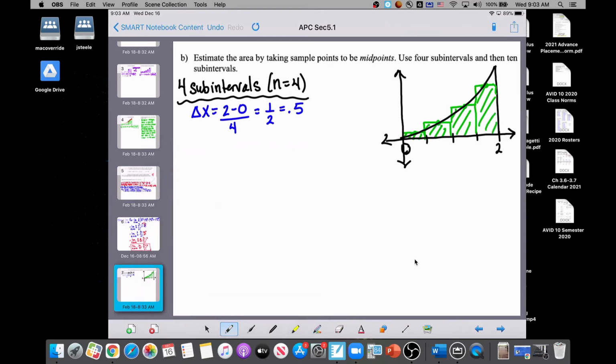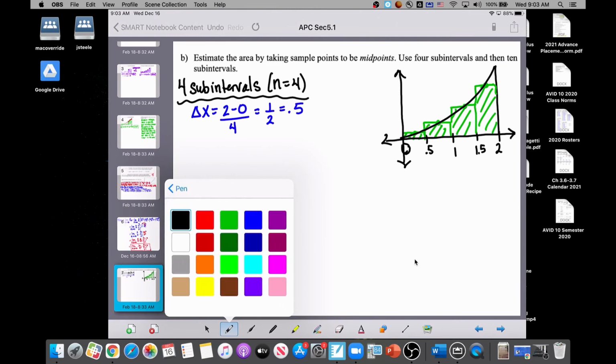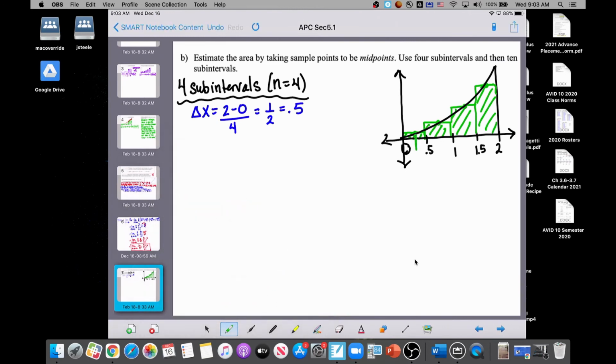If I label those tick marks that I put on the x-axis, this would be 0.5, this is 1, and this is 1.5. And our midpoints are going to be those values in between, right? So right here, right here, right here, and right here.